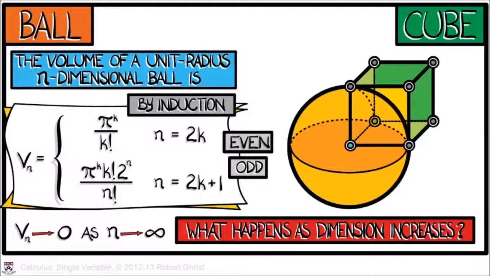But it is not true in all dimensions because of those corners in the cube. Those corners eventually stick out from the ball, even when the two are concentric. And all of the volume inside the n-dimensional cube lives in those corners. That's why cubes beat balls.